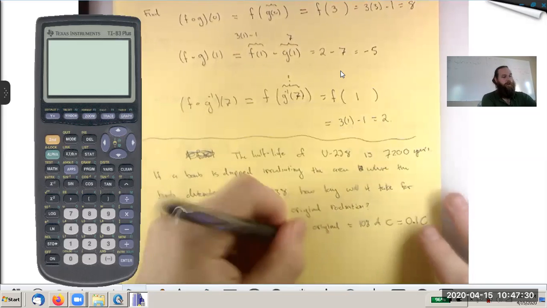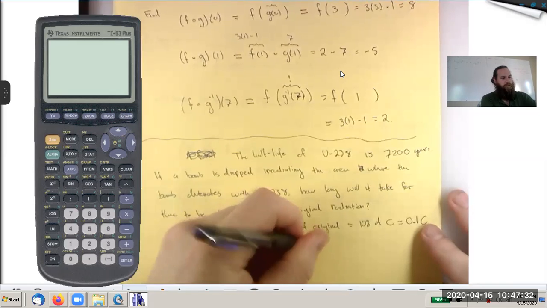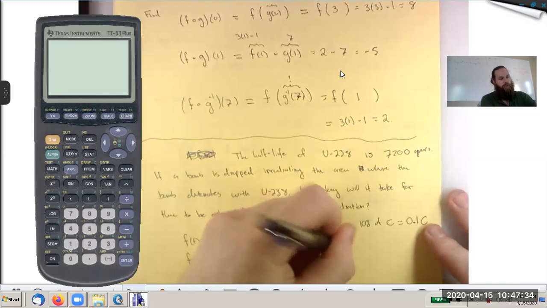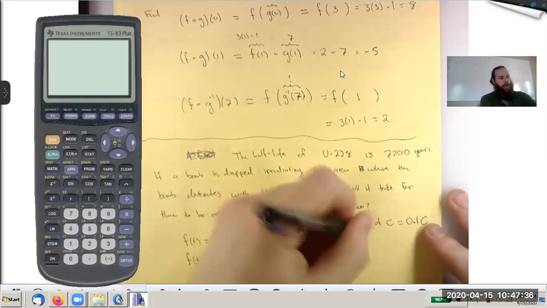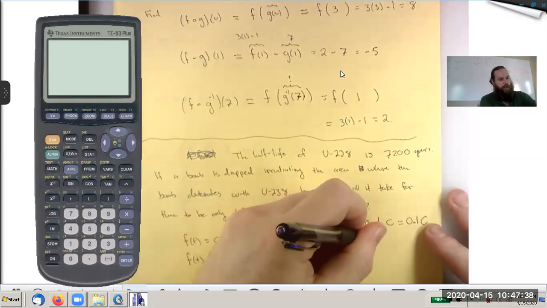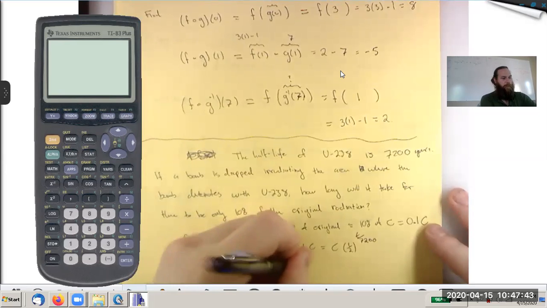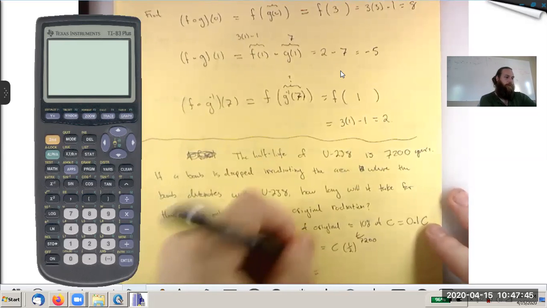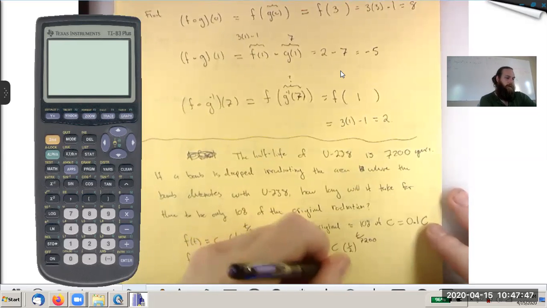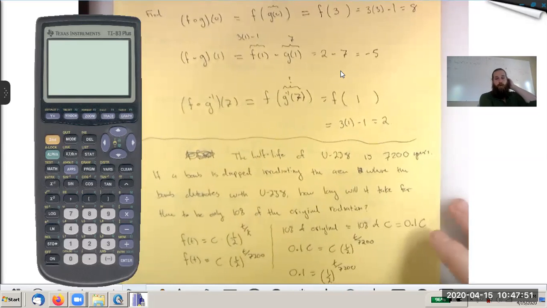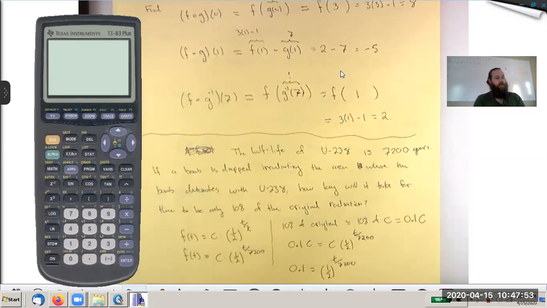So the equation I need to solve is 0.1c equals c times 1/2 to the t over 7,200. I can begin by dividing both sides by c, and I get 0.1 equals 1/2 to the t over 7,200. And this is an equation I could solve with logarithms now. I could take the natural log of both sides and then work with that.